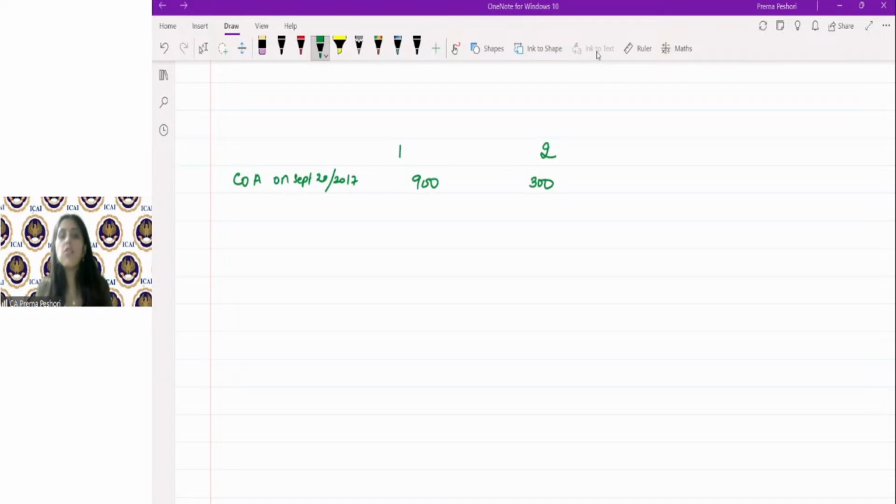FMV as on 31st January 2018 is 300 and 100. Then selling price is 910 and 400. What is my cost of acquisition and what is my capital gain? In the first case, what is my cost of acquisition?